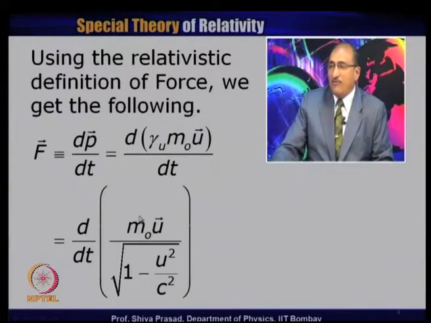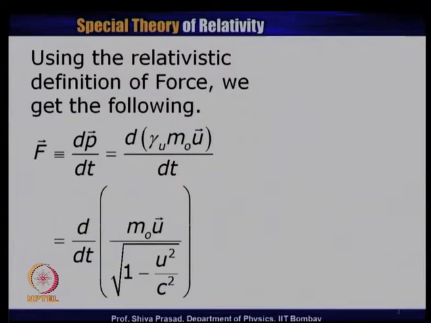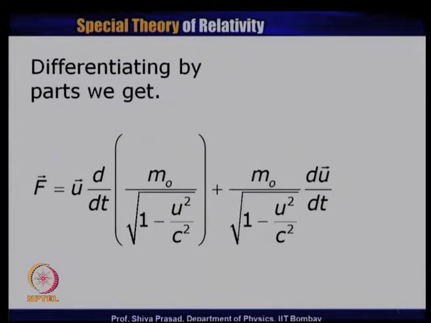But now, it is a function in which u appears twice, therefore, I must differentiate by parts in order to get the actual expression for force applicable for the special theory of relativity, which I have done in the next transparency. So, we will now differentiate by parts.